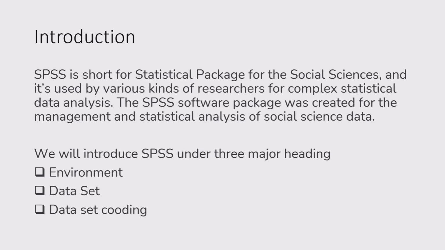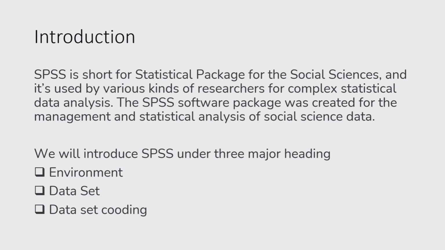Alright, what's SPSS? SPSS is a short notation for Statistical Package for Social Sciences, and it is used by various kinds of researchers for complex statistical data analysis. The SPSS software package was created for the management and statistical analysis of social science data.